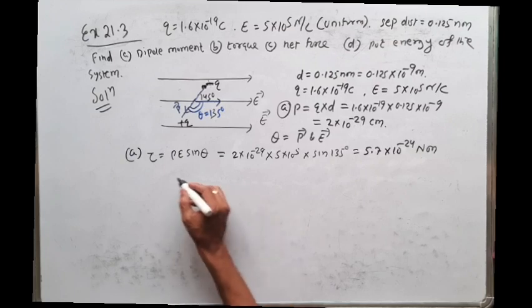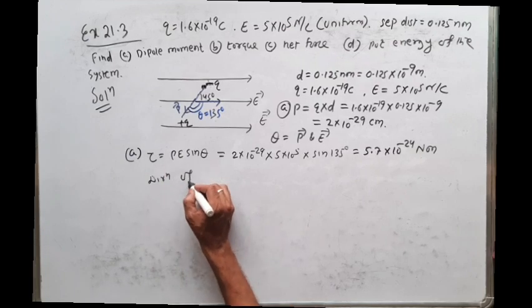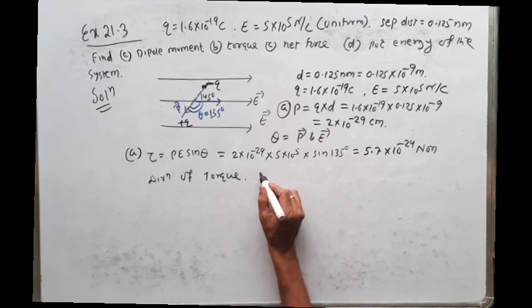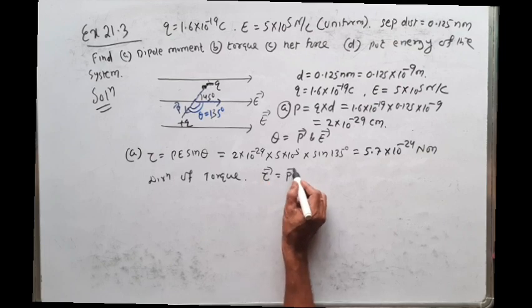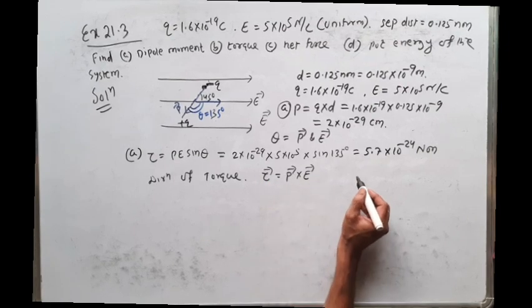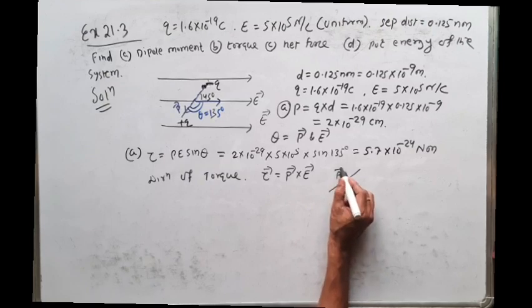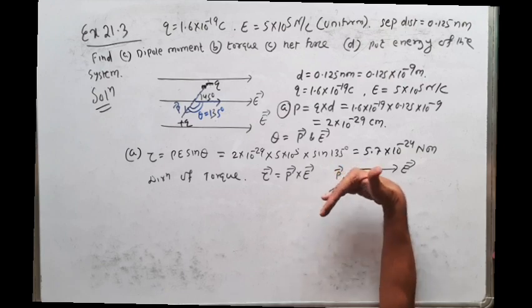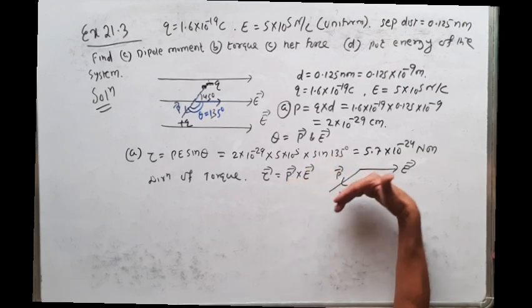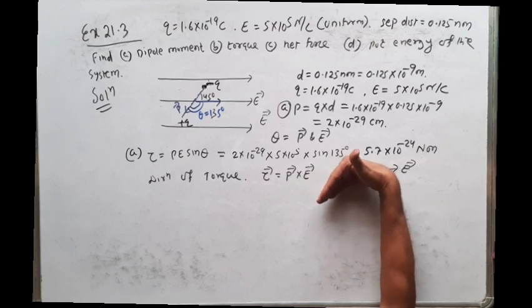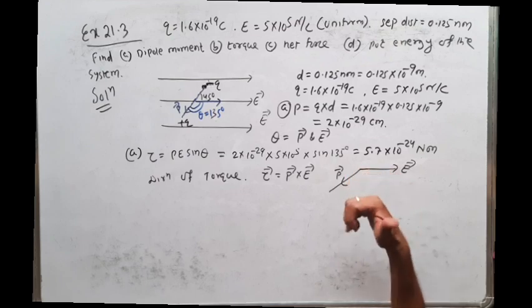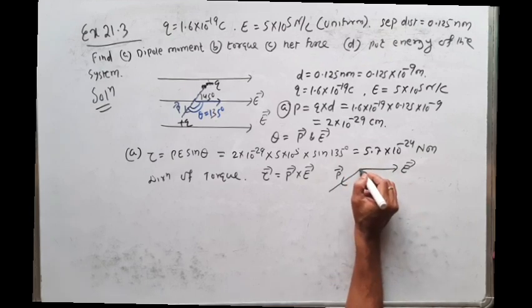Then what is the direction of the torque? Direction of torque. You see, this torque is equal to P cross E. So this is the direction of P vector. This is the direction of E vector. So if we take the right hand thumb rule, keep the forefinger on the first vector, that is P. Rotate from P to E. So if we rotate from P to E, then thumb will give the direction of torque. So thumb will give the direction in which direction?